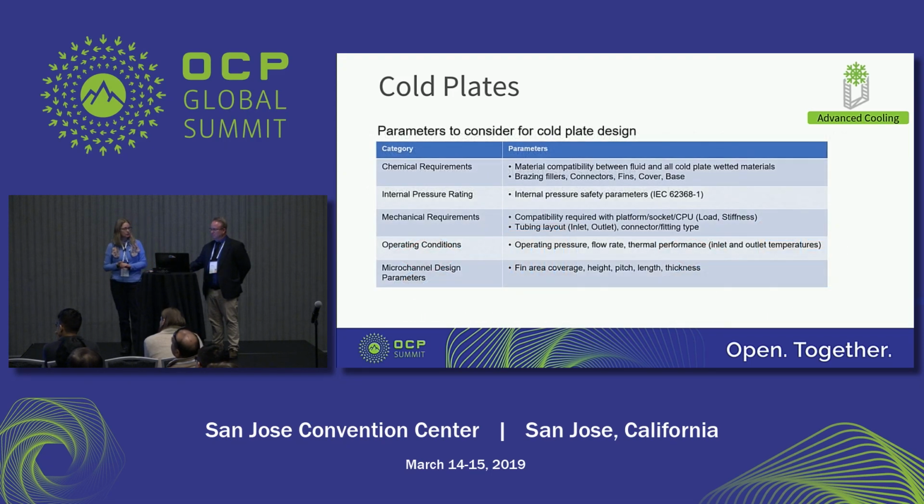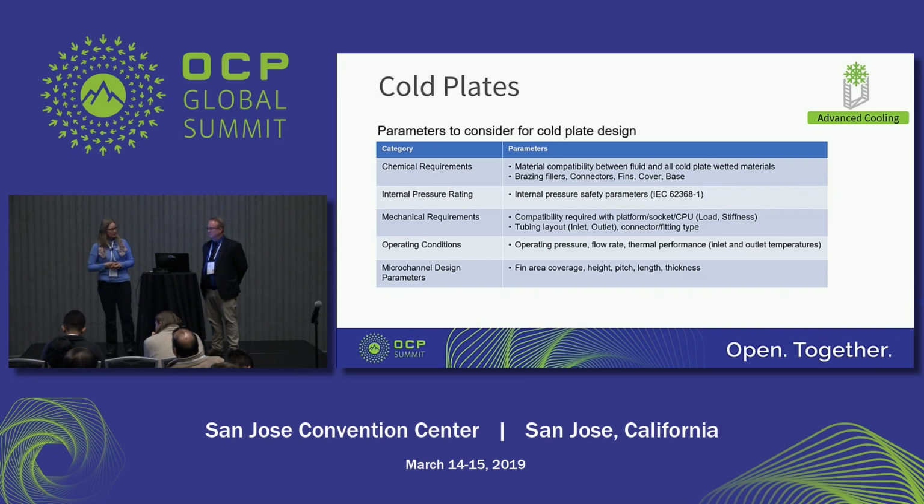Next one, thank you. And also for cold plates, what parameters to consider there, in the same way as we're looking at for CDUs? It's material compatibility, of course. Again, we continue to stress this throughout the presentation, so hopefully the importance of that is coming across.